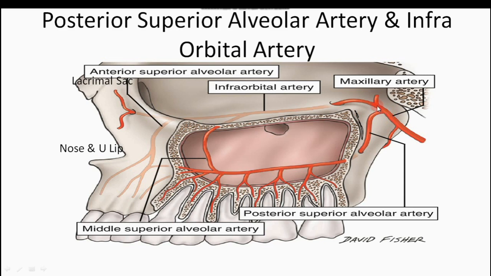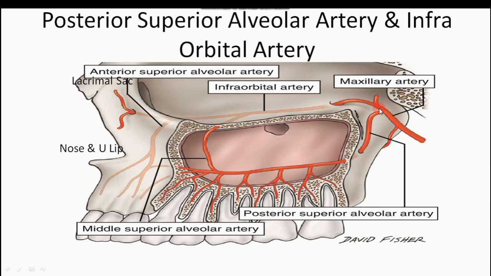One branch is moving downward, and one branch is this. These two branches are the posterior superior alveolar artery and the infraorbital artery.